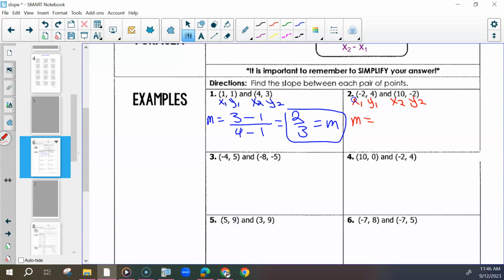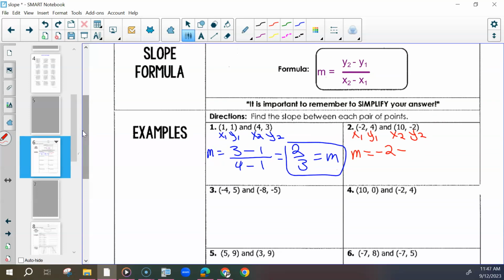So m equals y2, which is -2, subtracting y1, which is 4, all over x2, which is 10. Again, we're subtracting, but our x1 is also negative. So even if it already is negative, you still want to make sure you're subtracting. And then simplify. If we subtract across, what would we get?